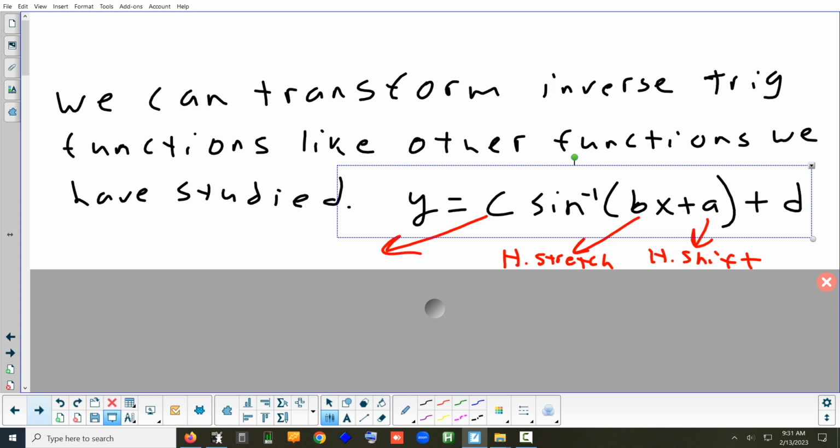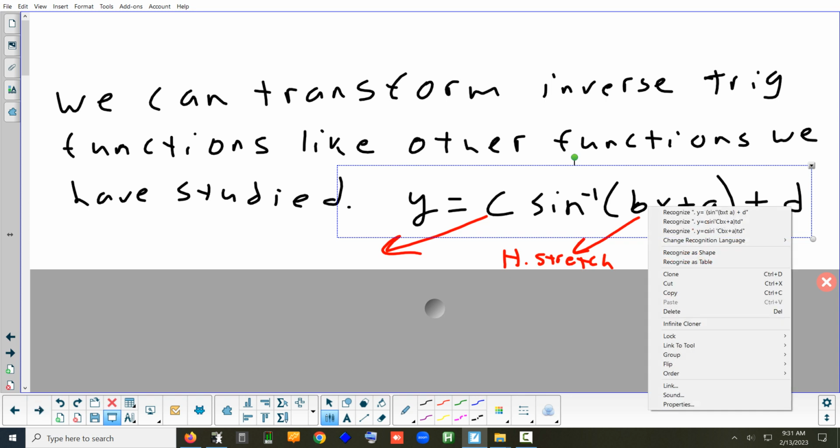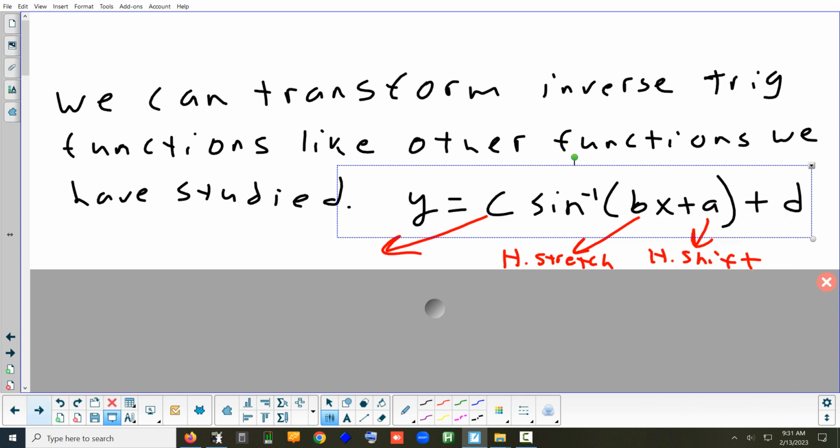Now let's look at the ones that are outside the parentheses. C is kind of like B, it's multiplication, but it's outside instead of inside. So it's going to be a stretch, but it's vertical. And the idea here is what you would expect. The bigger you make C, the bigger stretch you get. The smaller you make C, the more you shrink it.